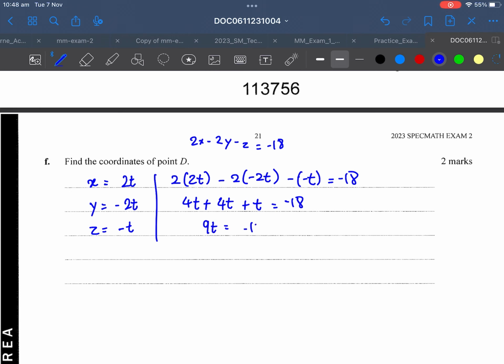So 9t equals minus 18 and t equals minus 2. So they intersect when t is minus 2. Now we can substitute this t back into the xyz coordinates to find the coordinate itself. So we'll get minus 4, 4 and 2. So that is going to be our point D.